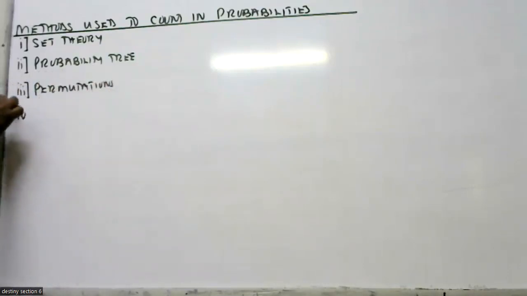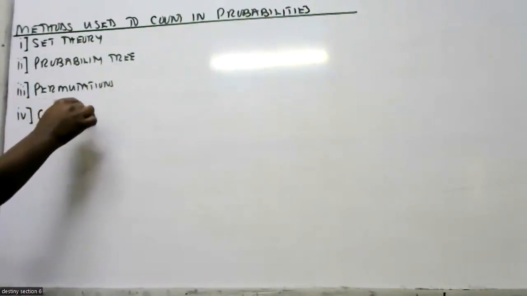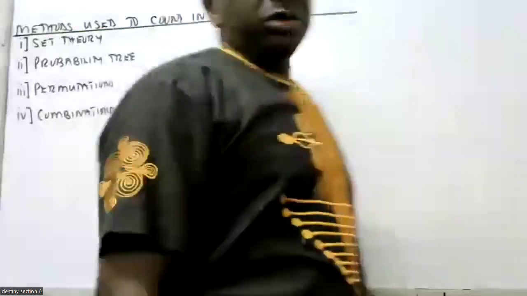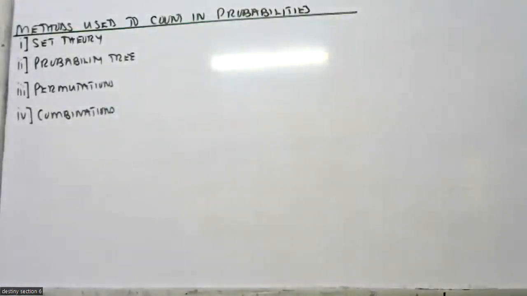The fourth one is combinations. Those are methods that we use to count in probability theory.